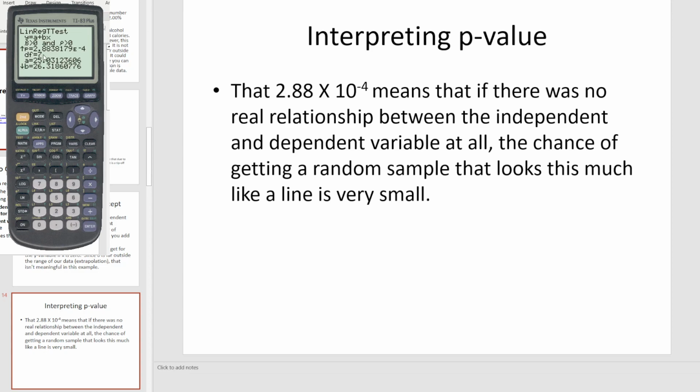The p-value that we get here, this 2.88 times 10 to the negative fourth, means that if there was no real relationship between the independent and dependent variable at all, the chance of getting a random sample that looks this much like a line is very, very small.